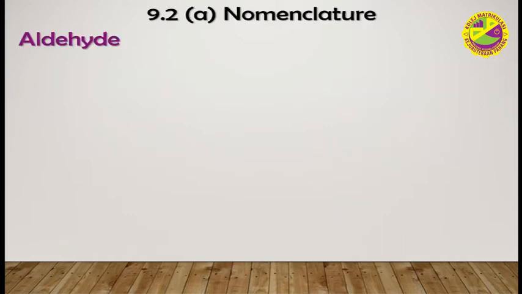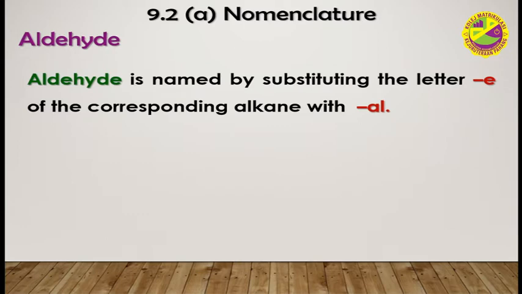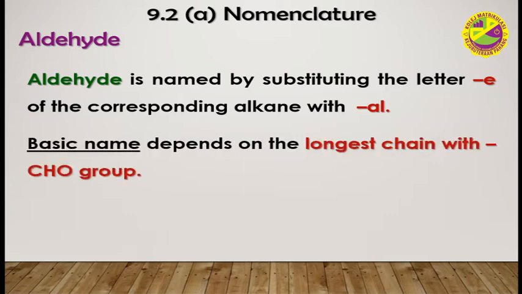Nomenclature. For an aldehyde, they are named by substituting the letter E of the corresponding alkane with al. Basic name depends on the longest chain with CHO group.